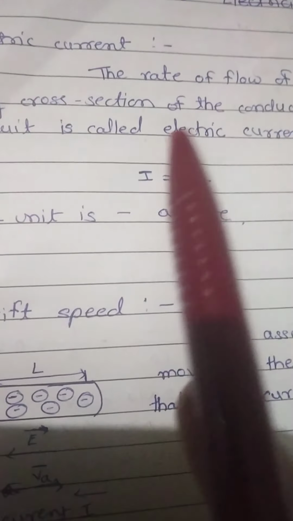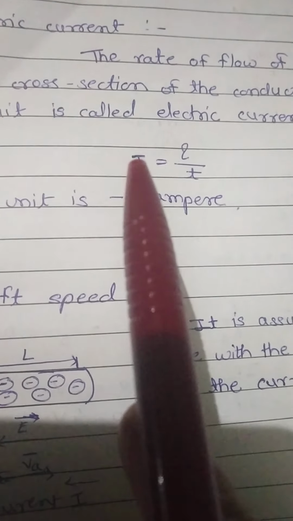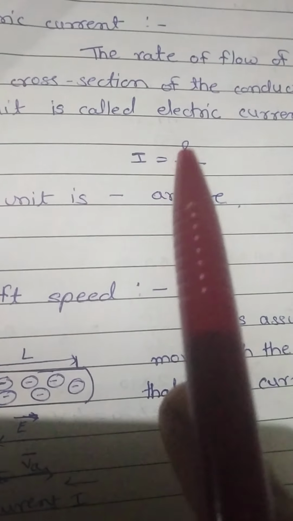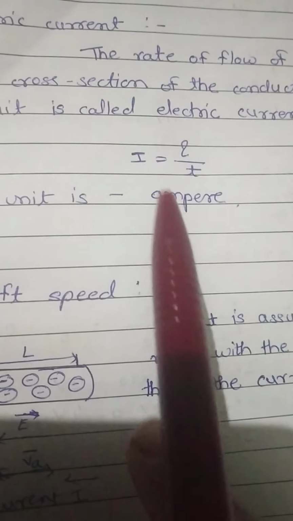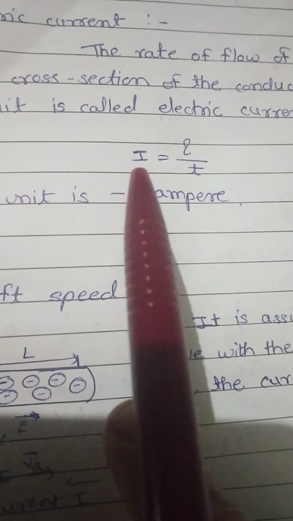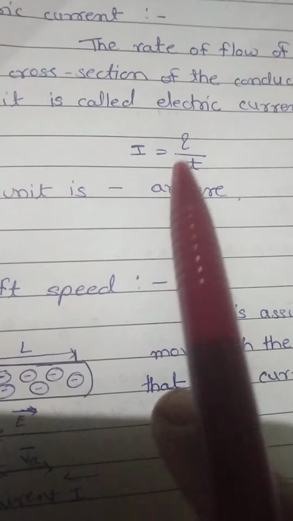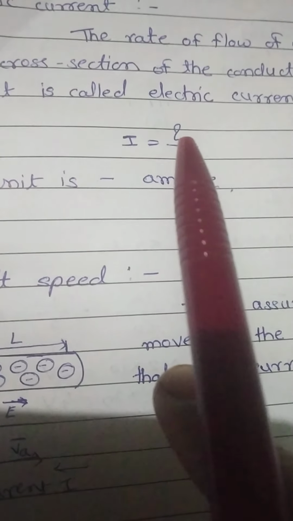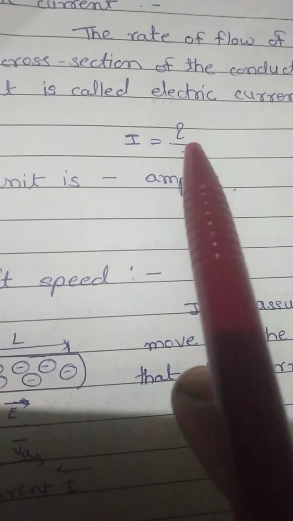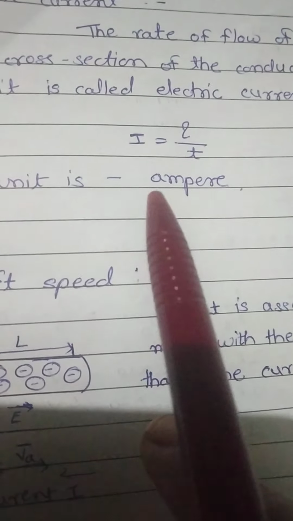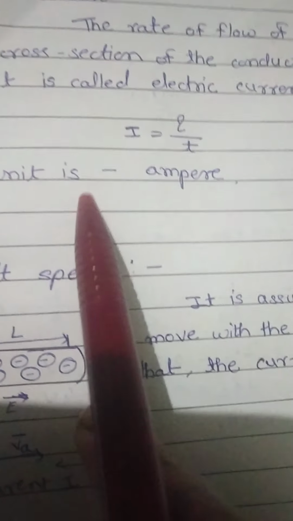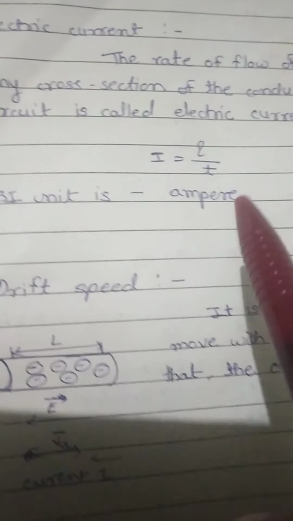Here, electric current, denoted by capital I, is equal to Q upon T. By definition, we get the formula I = Q/T. Here Q means the charge flowing in a period of time T. The SI unit of electric current is ampere.